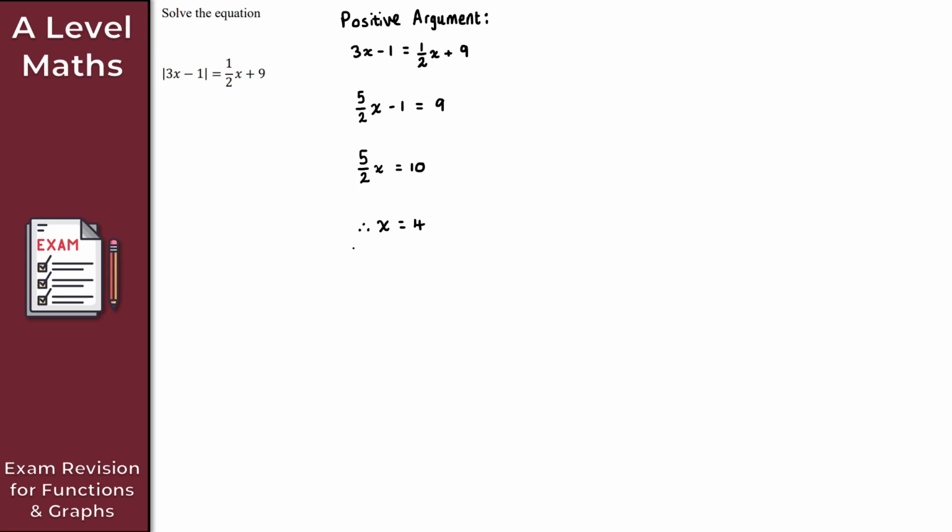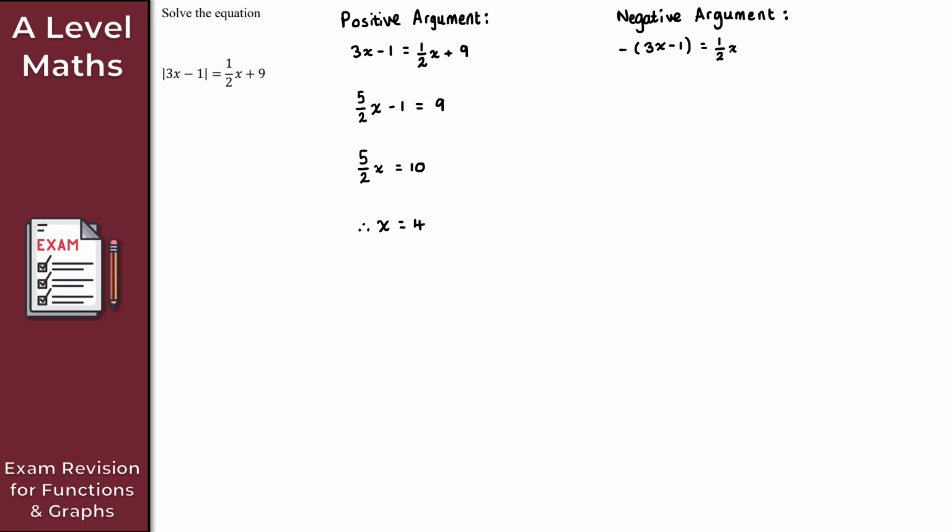Okay. So we found the first value of x. We can also obtain a second value of x by considering the negative argument. So for the negative argument, we're just going to get minus 3x minus 1, so minus 3x minus 1 is equal to a half x plus 9.